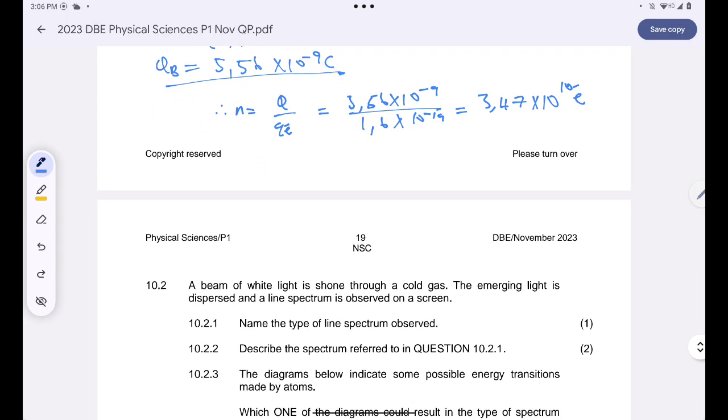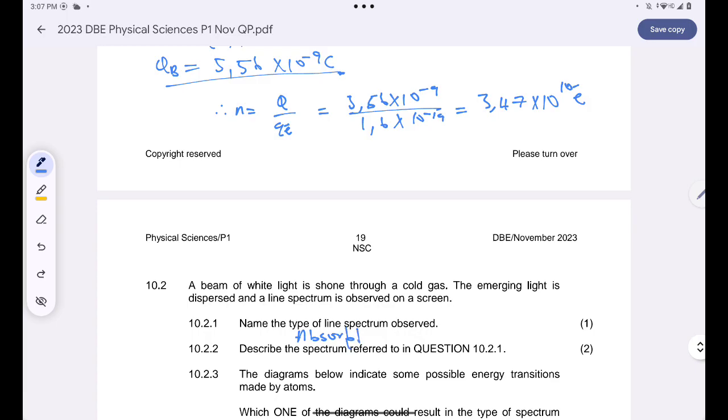And then you're told that a beam of white light is shone through a cold gas. The emerging light is dispersed, and a line spectrum is observed on the screen. Name the type of spectrum observed. This one, guys, is just absorption spectrum.